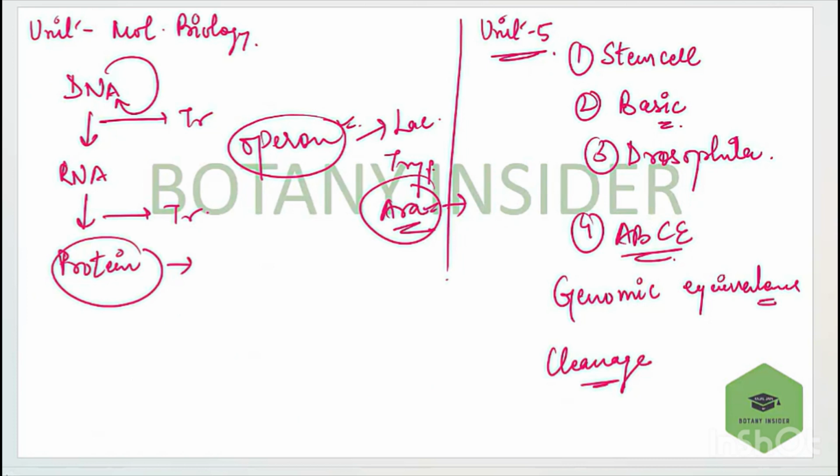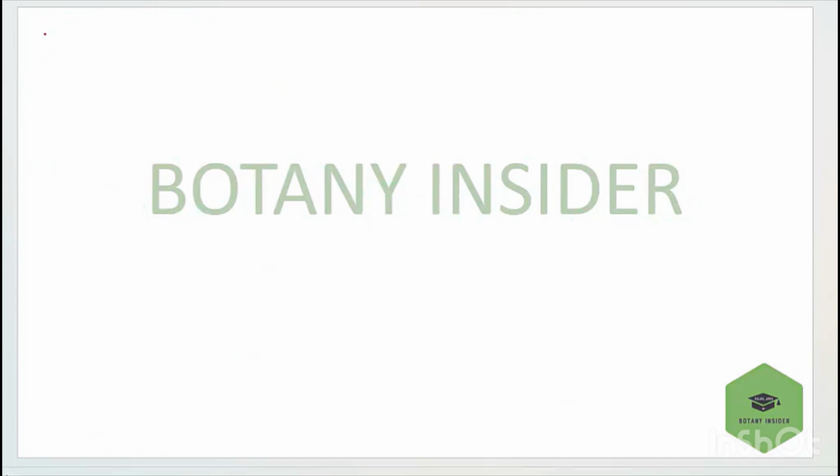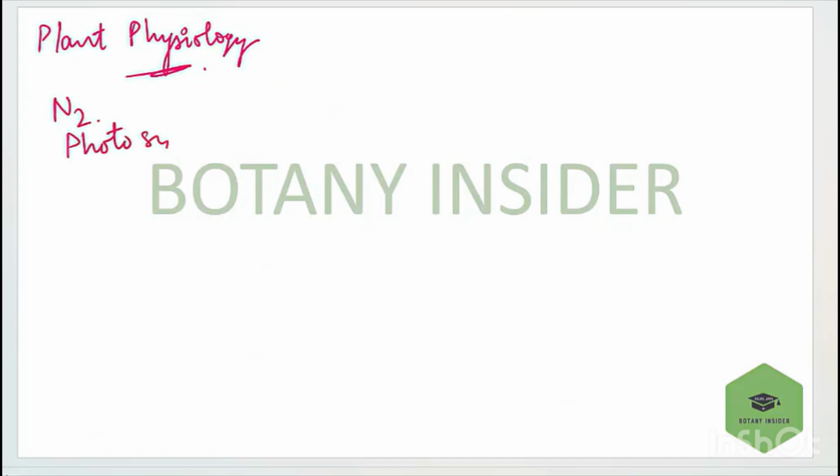After this, you have unit number 6, plant physiology, a very interesting and elaborate unit. I would suggest you try not skipping anything from plant physiology, be it nitrogen metabolism, photosynthesis, or respiration. In photosynthesis, all the cycles, C3, C4, CAM pathway.